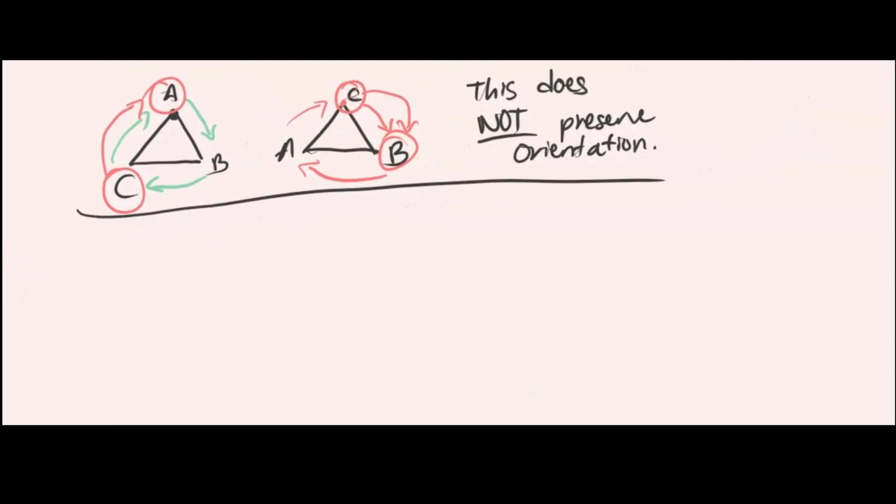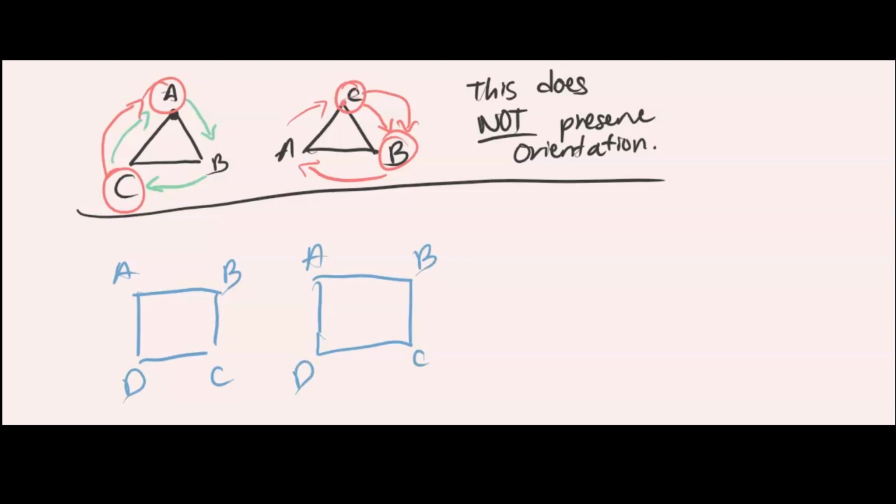So example of that would just be, let's say we have, let's just return to our squares. So we have a square here, A, B, C, D, A, B, C, D. And I'll keep in mind that in the future I'll use other shapes. So let's see, we translate this, and this does preserve orientation.